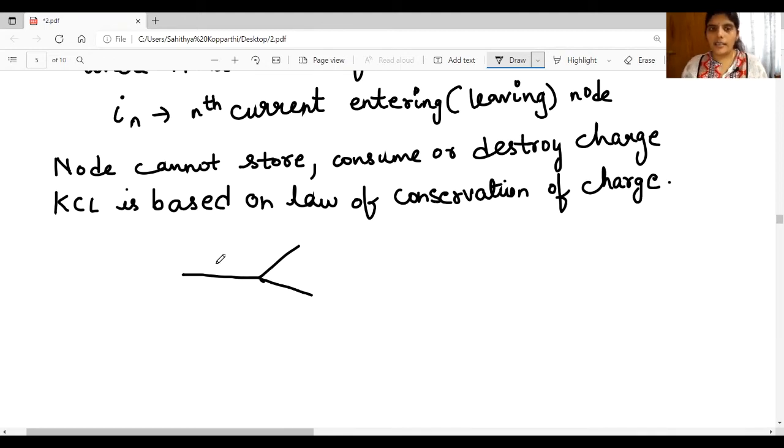Either this pipe must be sending some water, and at this point water is leaving from these two pipes. This is one case. Or another case is that these two pipes are sending water and it's leaving through this pipe. That means if a current is entering a node, it has to leave.